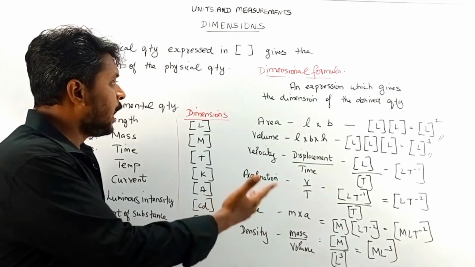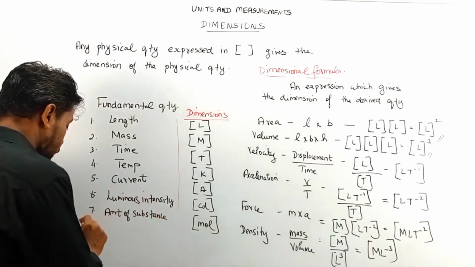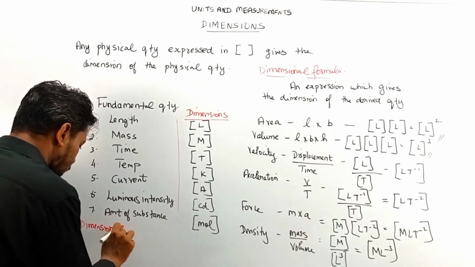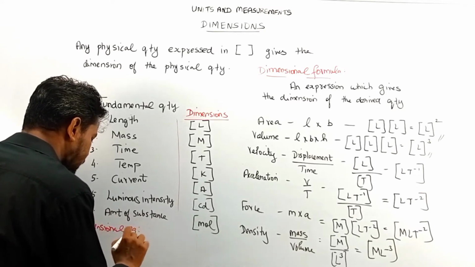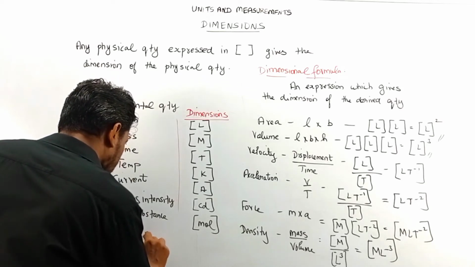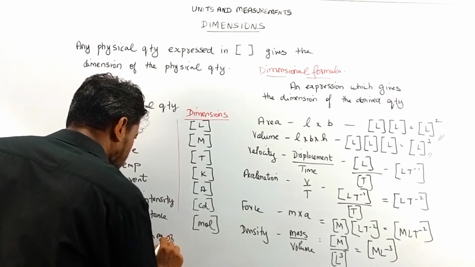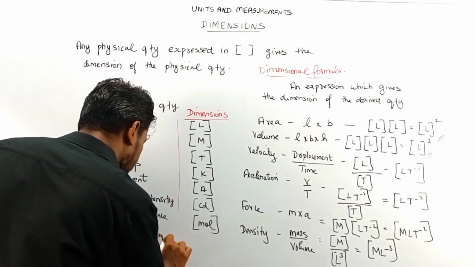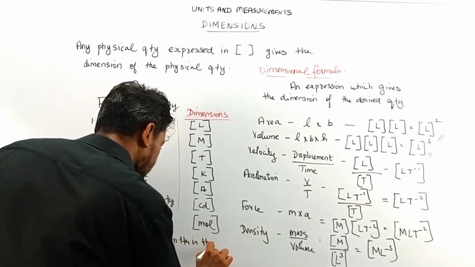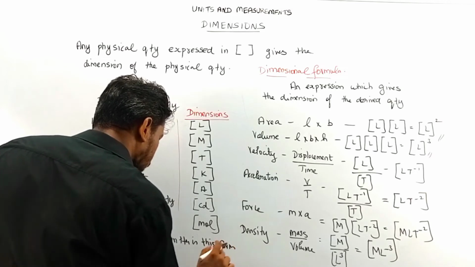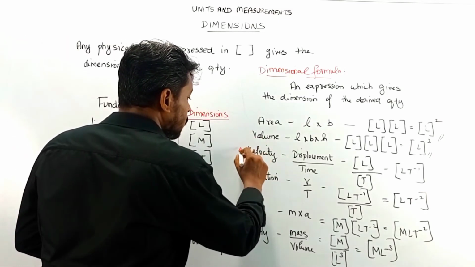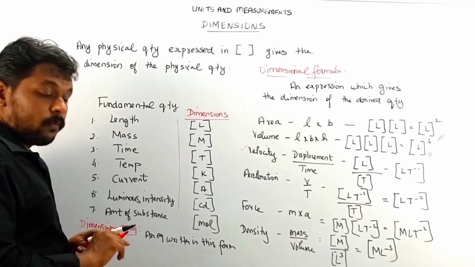Next we have the dimensional equation. What is a dimensional equation? An equation written in this form. For example, I am going to write the dimensional equation of velocity.